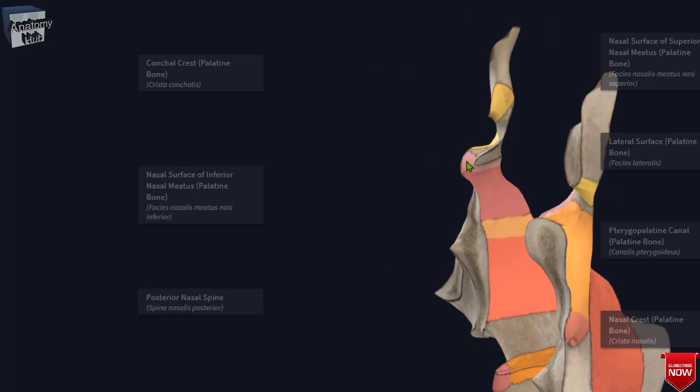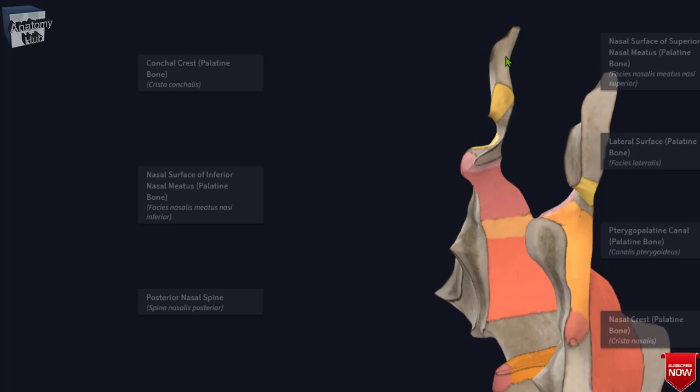So this is the medial view of your left palatine, and this is the lateral view of your right palatine. Here you will find a process, which is your orbital process, and this is your sphenoidal process. In between these two processes you will find a notch, which is known as your sphenopalatine notch.